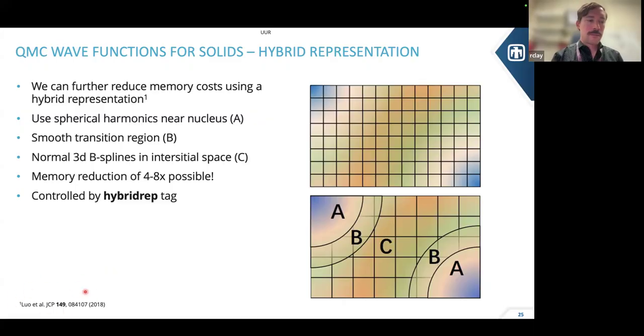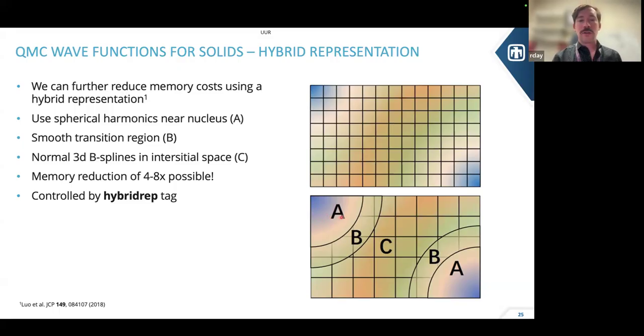We have a particular ansatz called hybrid representation, and it's kind of like a muffin tin setup where you partition the real space grid into an area near an atom where the density is going to be changing. This area is what drives up the overall K-space cost, or the plane wave cost. And then you have this interstitial region.